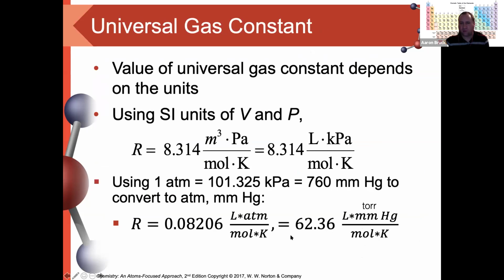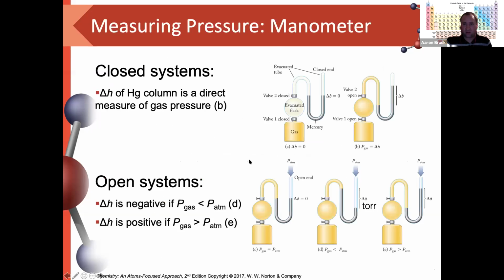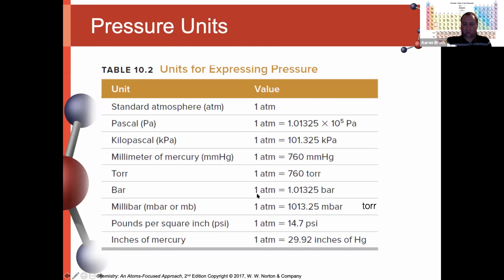Some problems give atm, and you do have to convert it. Well, if you're given atm, you can use the gas constant for atm. If you're given millimeters or torr, you can use the gas constant for torr. If you're given kilopascals, you can use that. Now, if you can't and you do have to convert, that's where the conversions list here would be of the most use to you.